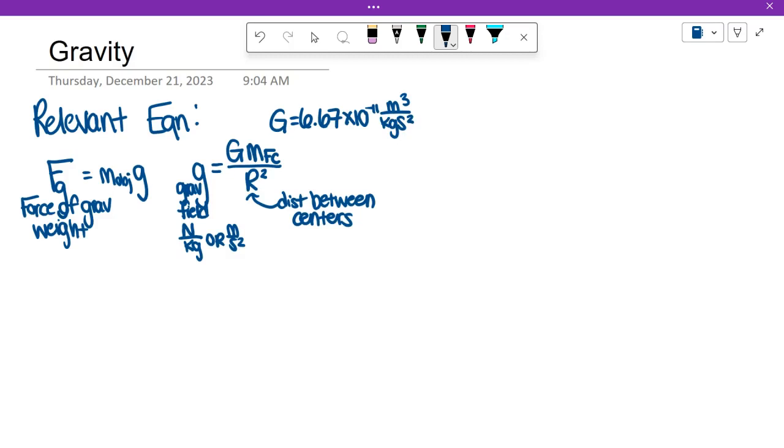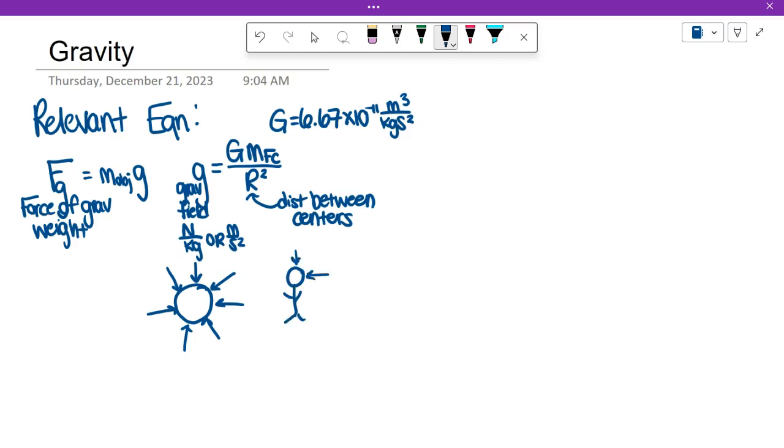Okay. Now, every object with mass is going to have a gravitational field around it. So if this is the Earth, the gravitational field around the Earth kind of looks like this. Now, these lines are invisible, but basically what this is showing is how the gravitational field around Earth is going to attract any other mass that we put around Earth. There also exists a gravitational field around us, right?